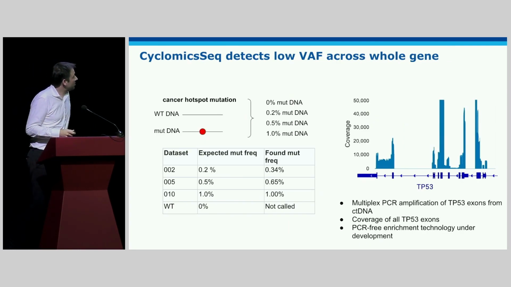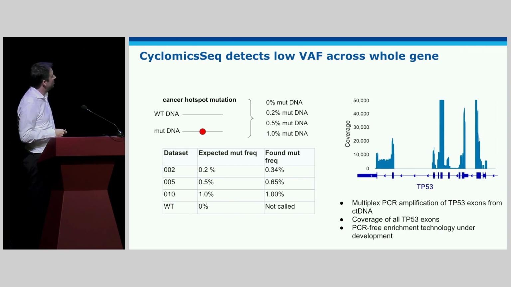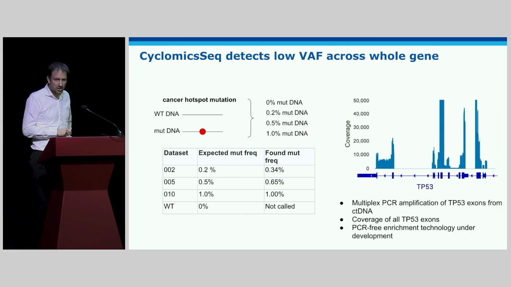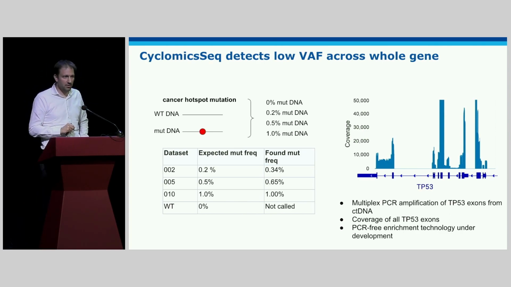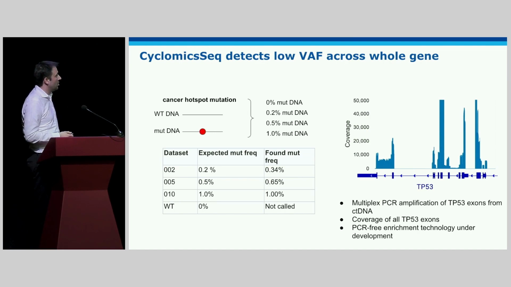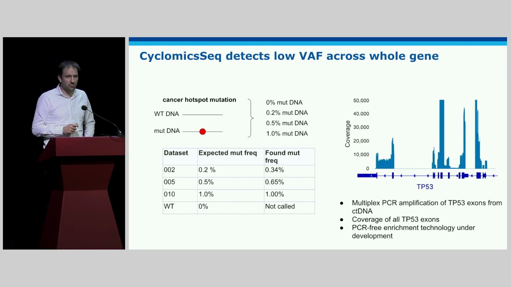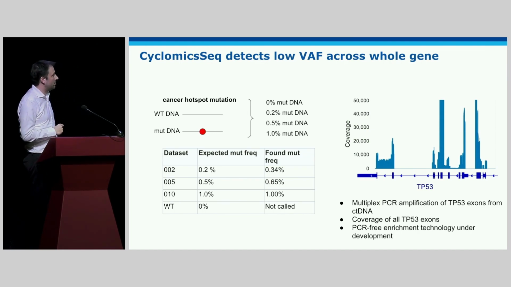So we did some dilution experiments ranging from 0% to 1%, and you see that by and large, if we apply this technology, you find approximately the same ratios back. And what's maybe most importantly, in the 0%, the wild type case, we don't see any of the mutations anymore. So we designed a multiplex PCR strategy to amplify all the exons in P53.